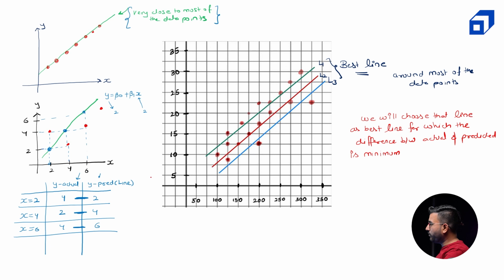So this difference between y actual and y pred is known as the residual, or you can simply call this the error.